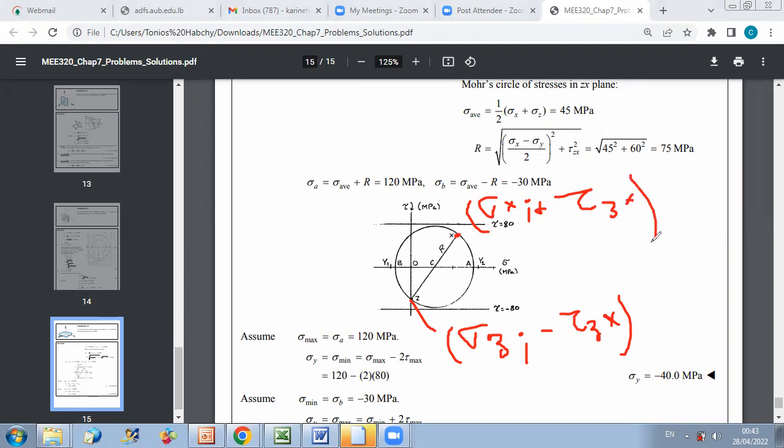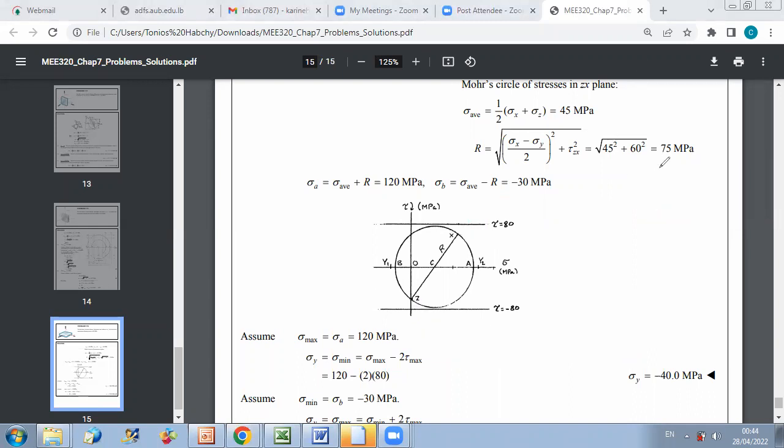And now, to determine the values of sigma y, they gave you the maximum shear stress. You can see that the maximum shear stress given is larger than the radius, which is 75 megapascal. The radius of your Mohr circle in the XZ plane is 75 megapascal, while they want you to find the values of sigma y such that the maximum shear stress would be 80.